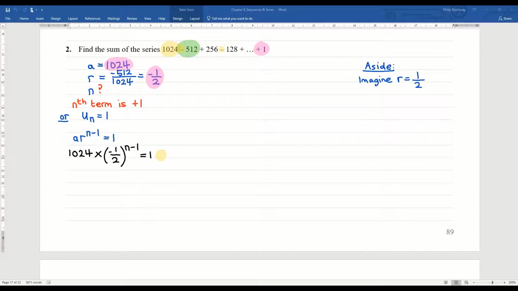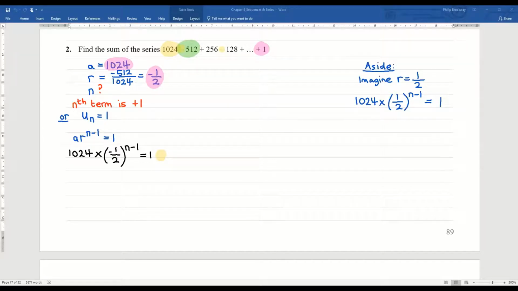Just how many times do you have to halve 1024 until you get to 1? If we do it that way, we get 1024 multiplied by 1/2 to the power n subtract 1, and that's equal to 1.